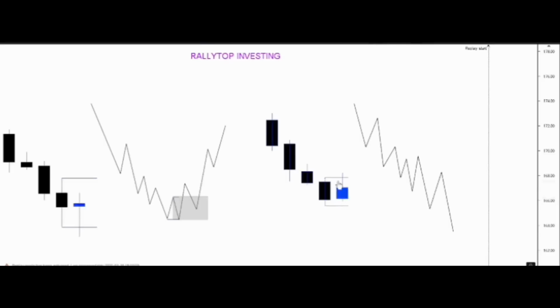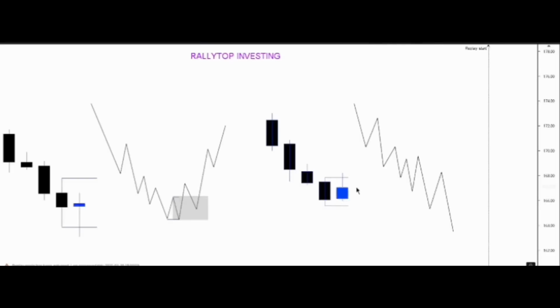It went back higher to take out the high of this previous day's candle, and after taking out that high, it closed below that high. So the smart money has swept liquidity resting above this previous day's candle's high. Okay, once you find that sweep of liquidity, that's what you want to do.